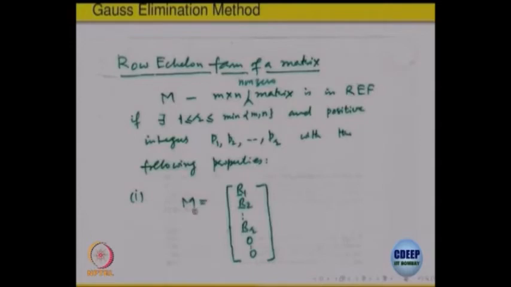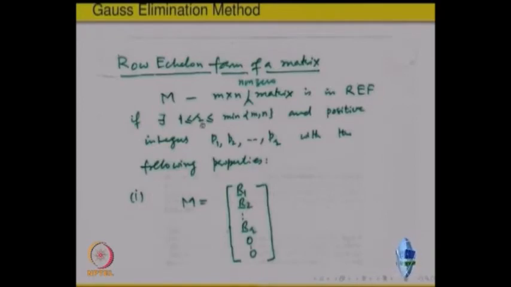The first property says the matrix looks like this: the first r rows, R1, R2, up to Rr, are possibly non-zero, and the remaining are all 0 rows, the bottom is just 0. Okay. So, that is the characteristic property of this number r.